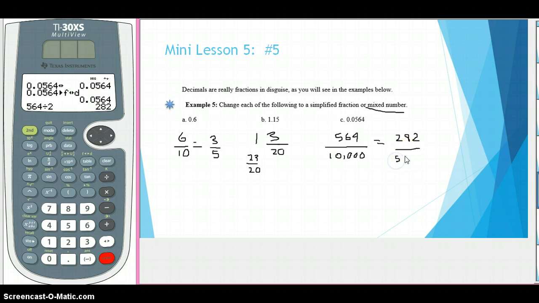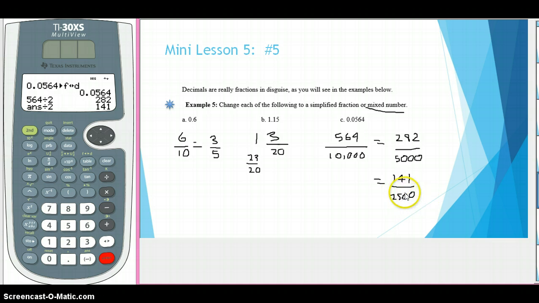And you can do that on your calculator if you'd like. 282 is still even, so is this. So we're going to divide by 2 again. And now I have 141 and 5,000 divided by 2, which you can do on your calculator, is 2,500.